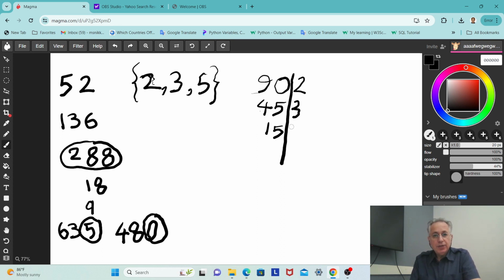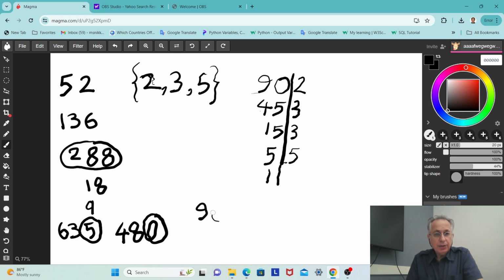So divide by 3 equals 5. And 5 itself is a multiple of 5. 5 divided by 5 equals 1. When you achieve 1, that means over. 90 has already been decomposed to its prime factors.